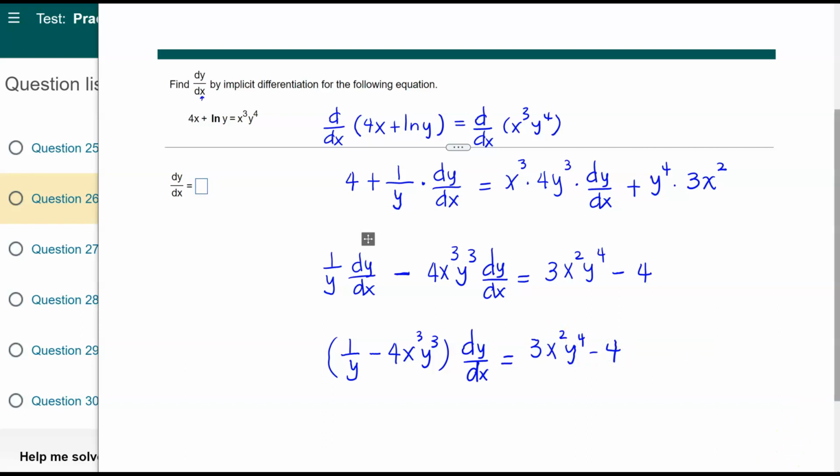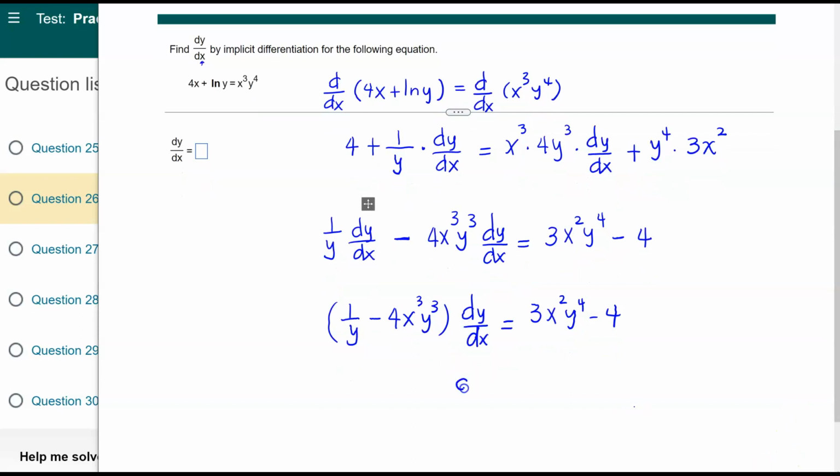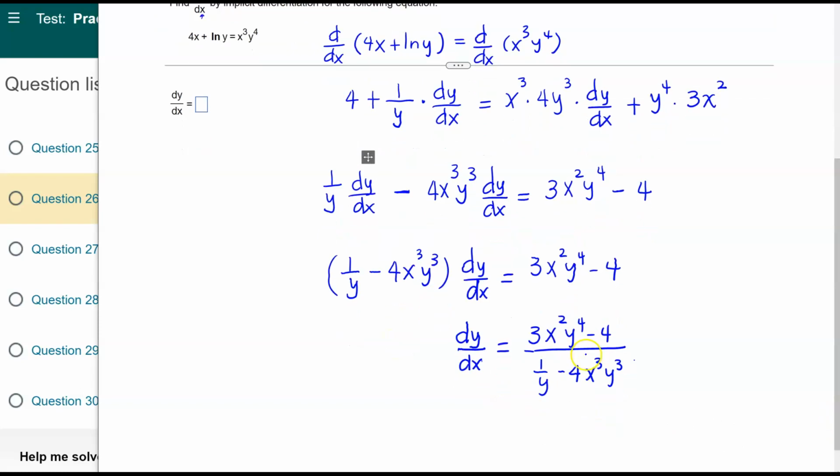So therefore dy/dx is equal to 3x squared y to the fourth minus 4 all over 1 over y minus 4x cubed y cubed.